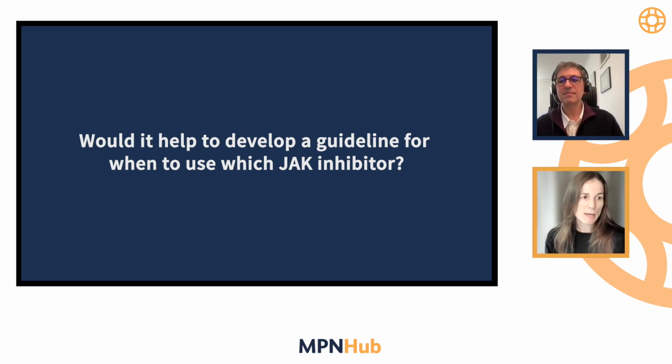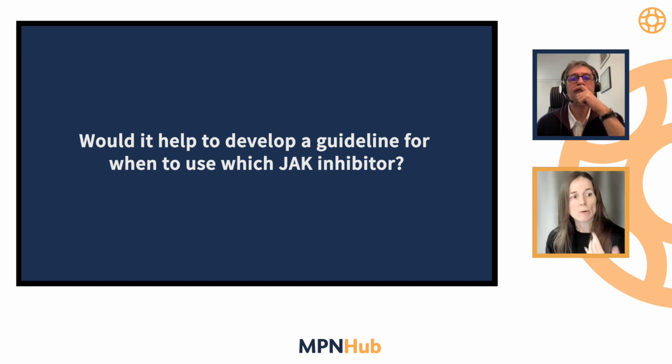I think that the NCCN guidelines have a rough idea of what to choose. For the patient population who's anemic and thrombocytopenic, you can choose, at least in the US, upfront momelotinib or pacritinib if their platelets are less than 50.